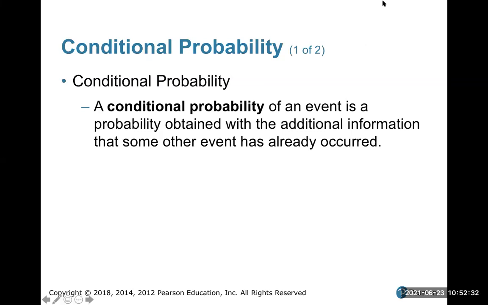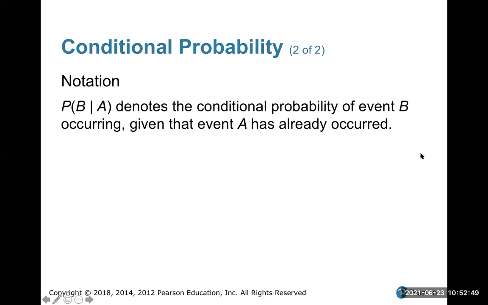And here's the conditional probability. The conditional probability of an event is the probability obtained with the additional information that some other event has happened. So conditional, they put a condition into the probability. Probability of B given A. So probability of B assuming that A happened.